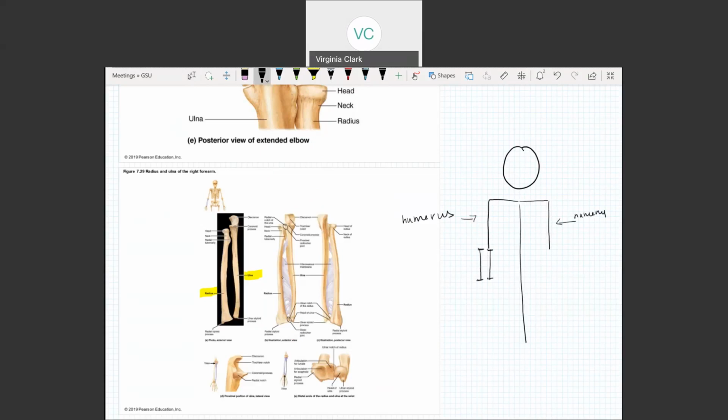So when we said that the medial and lateral bones were different, what we mean is, when we look at this, this is the midline of the body. So this is the medial part right here. This bone right here is medial, and this bone right here is medial. However, you can't go right or left. The medial bone is going to be the ulna, so it's the ulna on both sides. The lateral bone is going to be the radius.